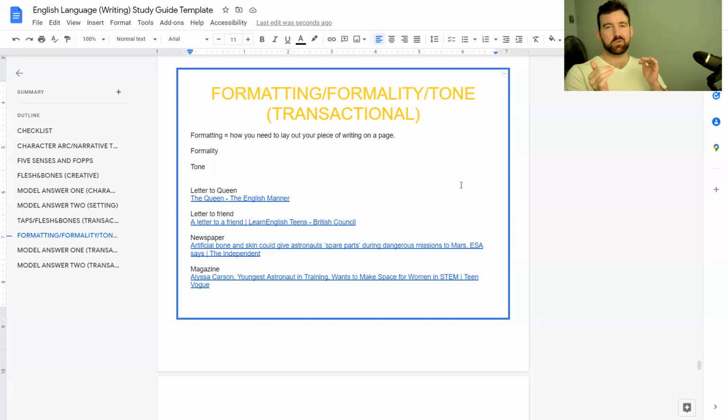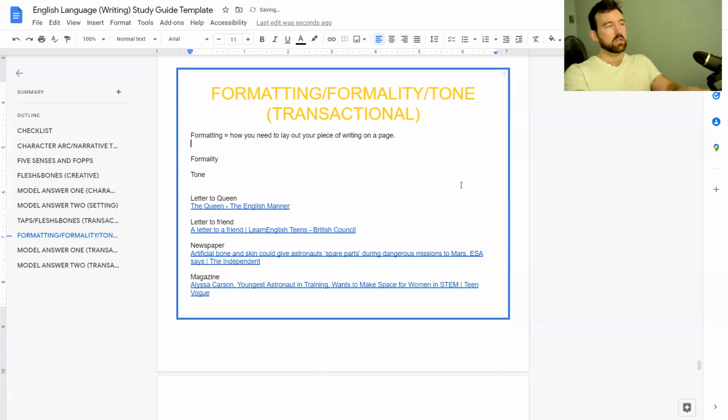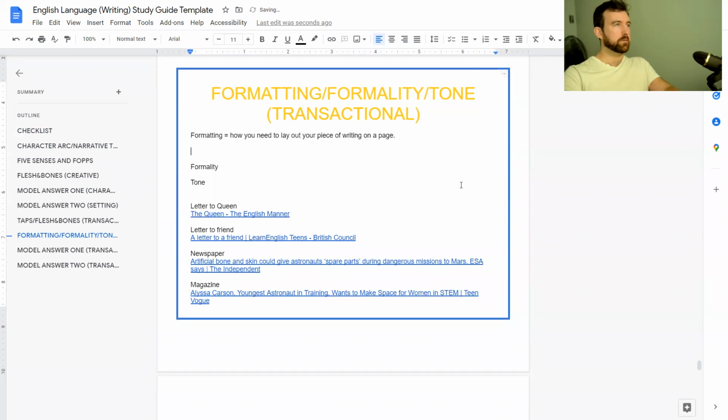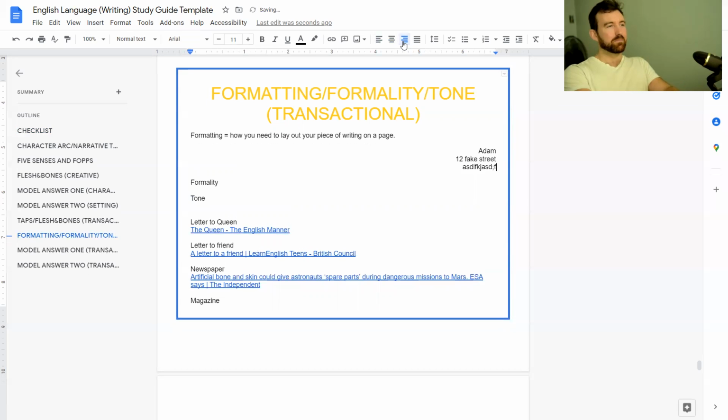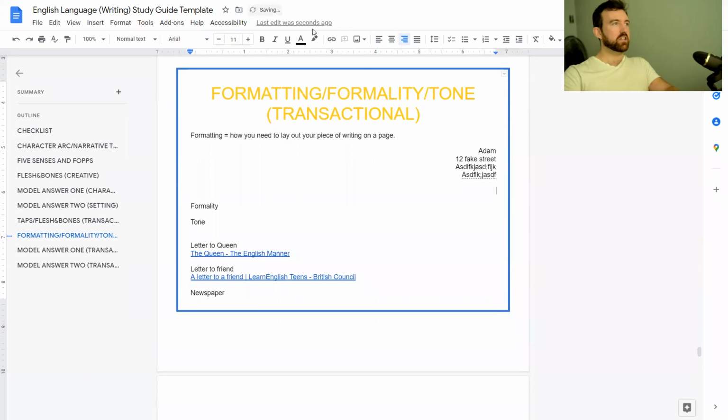By the way, let's just do a very simple difference. Letter, you would do your address. So you'd be like, Adam, 12 Fake Street, blah, blah, blah. And then you would go over to the other side and you would do the name of your recipient, whoever's going to read the piece. So let's just call her Ms. Brown.